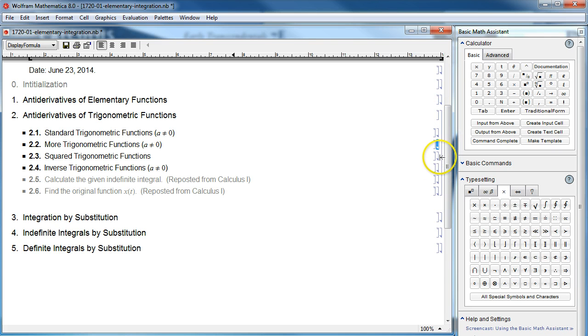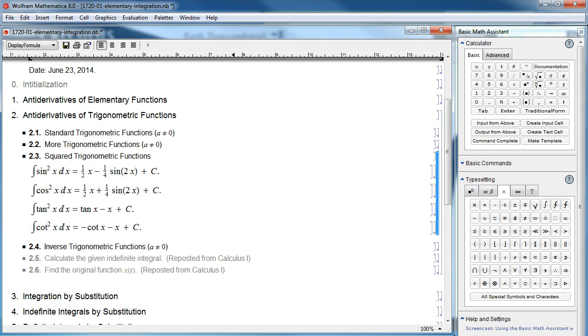Here's some more squared trigonometric functions, and these show up a lot in Calculus 2. Sine squared, cosine squared, tangent squared, cotangent squared, and then here are the formulae, but not just formulae, but I want you to be able to derive these as well, to tell the truth. How do we do that? We use a trig identity.